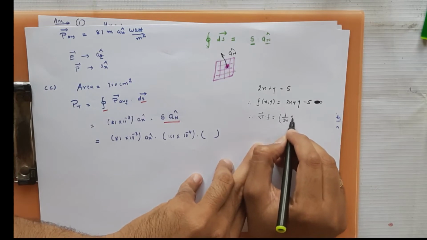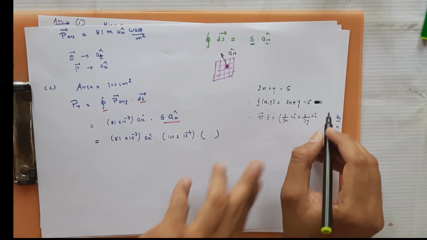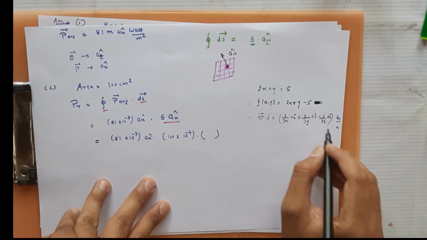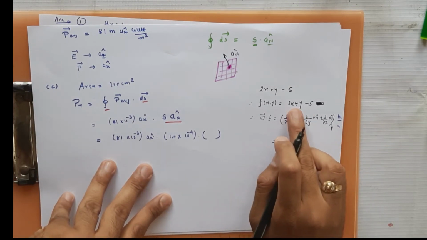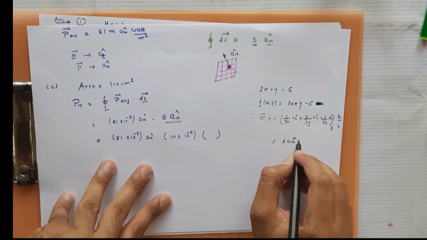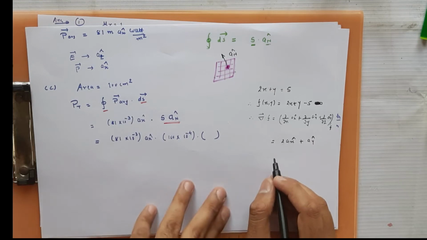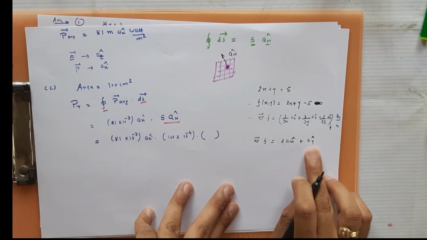Del is del by del x ax plus del by del y ay plus del by del z az into f, and f is 2x plus y minus 5. Do the partial derivative, so the answer is 2ax plus ay.